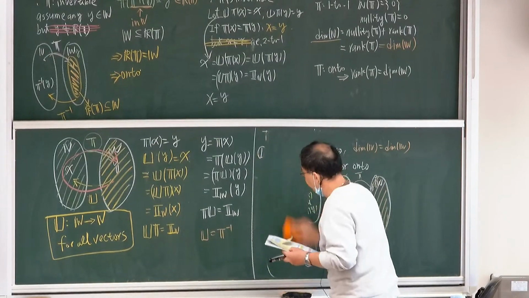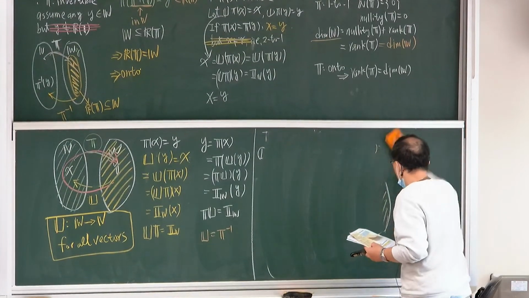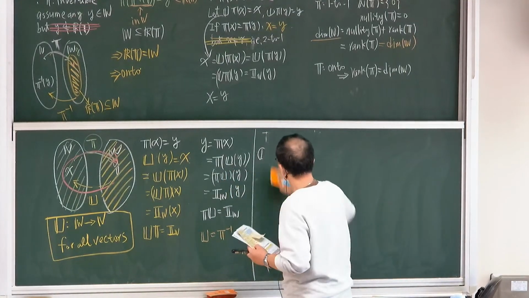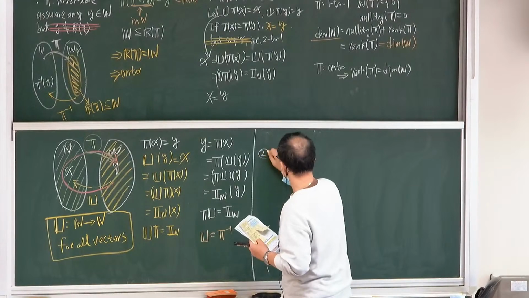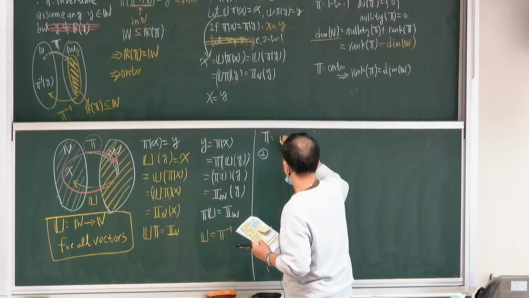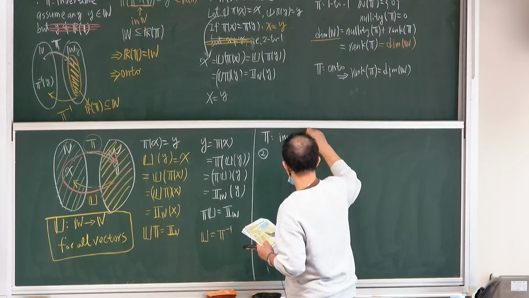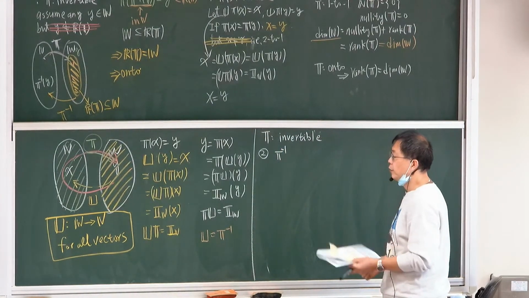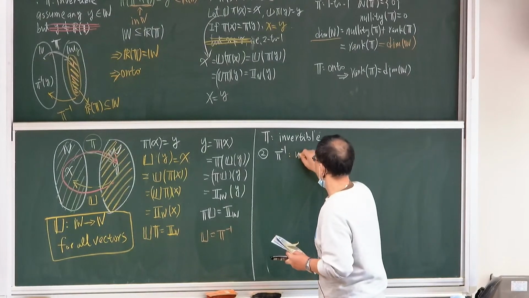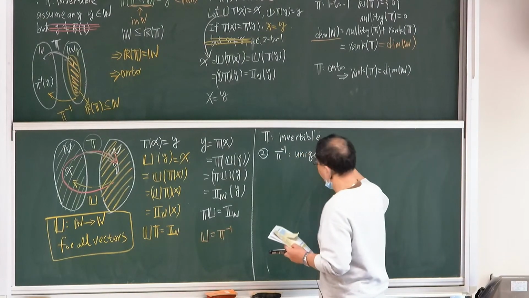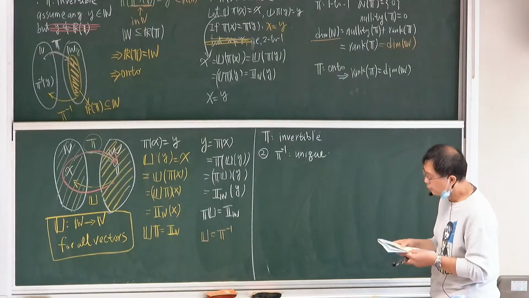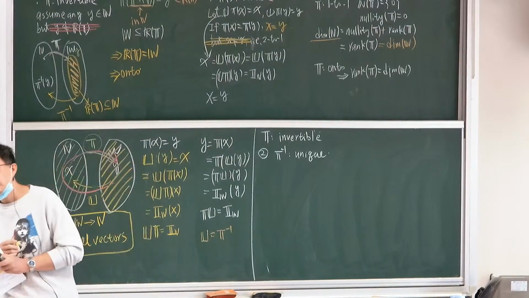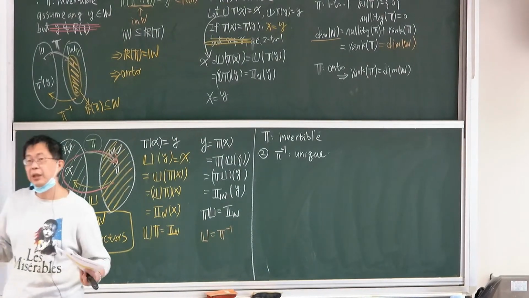And the second thing we have to prove is this: T is invertible, and we need to prove the inverse transformation of T is unique. Typically, if we want to prove uniqueness, what do we do? We assume it's not unique.